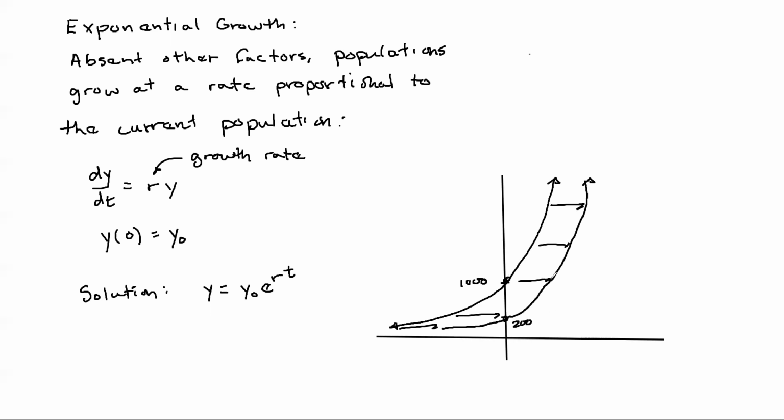When you get to 1,000 mice, it behaves exactly the same as if you started with 1,000 mice. And if you think about that, that does make sense. At time 0, you have 1,000 mice and it grows. Meanwhile, at time 0, you have 200 mice and then it takes some time to get up to 1,000. Once it does get up to 1,000, at that point, it acts exactly like it did if it started with 1,000. And so that's the idea.